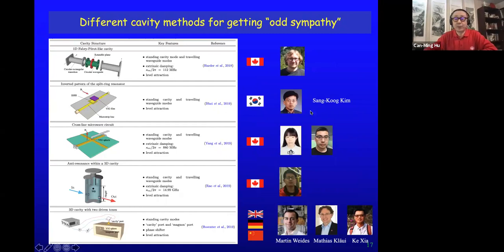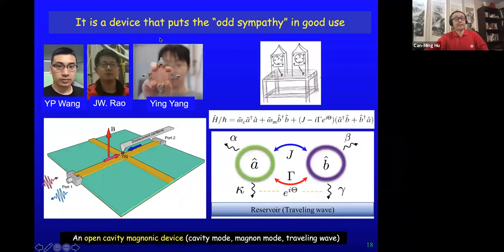And there are a few other groups also doing this kind of research in cavity magnonic systems. I will focus on this device in the next part of my talk. This is a device where you can put this physics to good use. Now here's the device. You have a waveguide, sustaining a traveling wave.